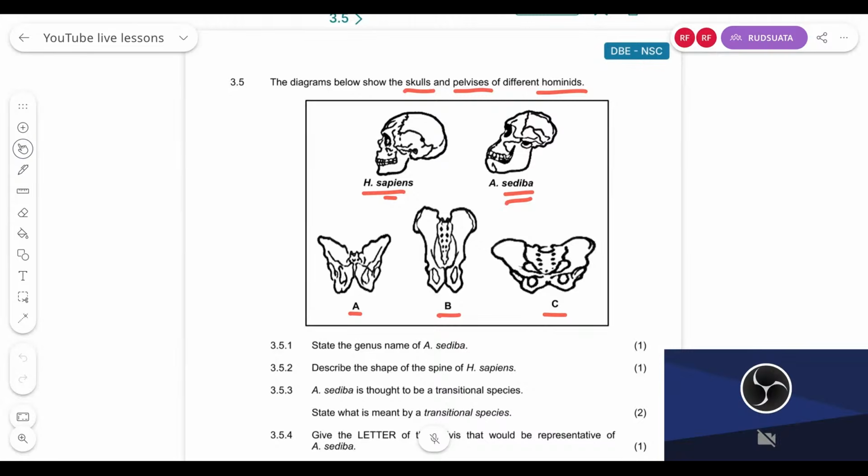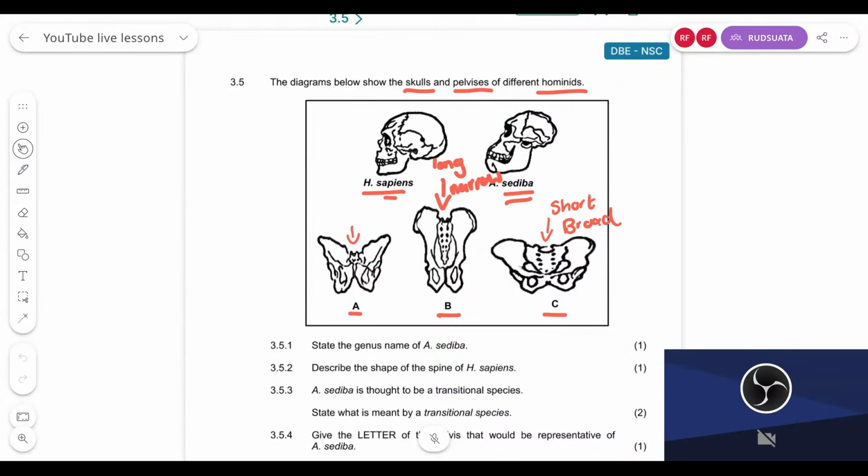Looking at these three pelvises, this one in the center, B, is the most unusual because it is long and narrow. And the moment you see something that is long and narrow, you should know that we are looking at an organism that is probably going to be more ape-like. But then if you look at C and A, they have become a lot more short and broad.